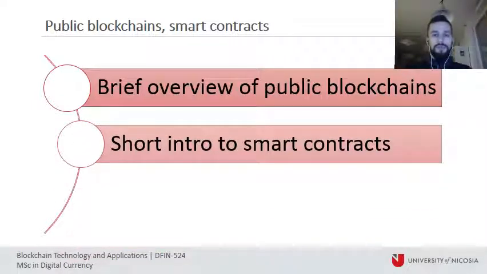Then we will move to the introduction of smart contracts, which will be described in much more detail in later sessions. When we talk about blockchains nowadays, it is almost implied that smart contracts are a part of that. However, much like a blockchain, they can mean different things to different people.